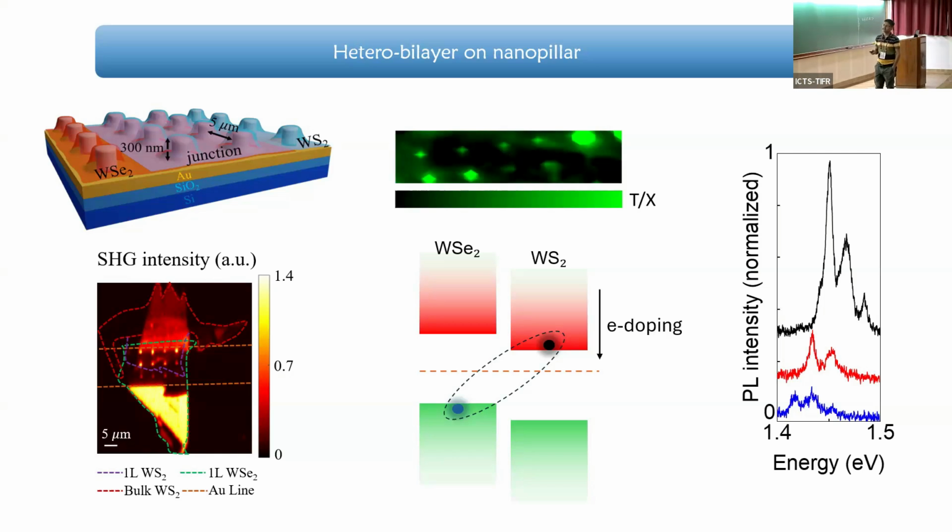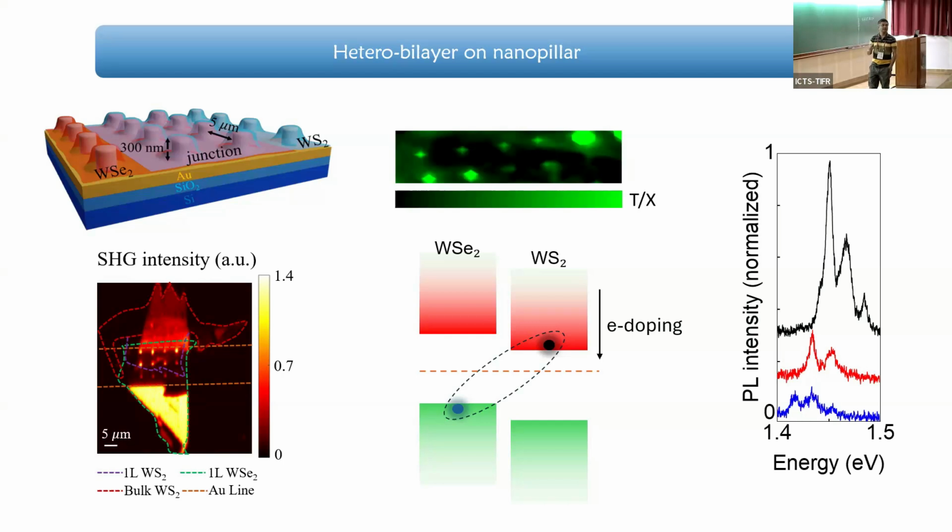The first thing is that the second harmonic generation, SHG, has a beautiful signal here. It is very strong on the pillars. The other portions are gold, where it is almost quenched. So this maps out the entire flake in SHG very nicely. This is thanks to my colleague Arun, in whose lab we did this measurement.